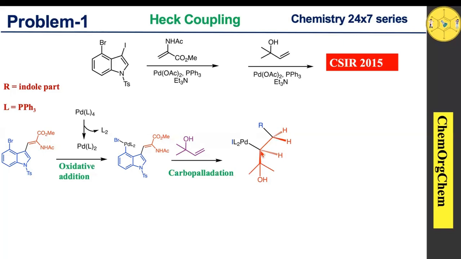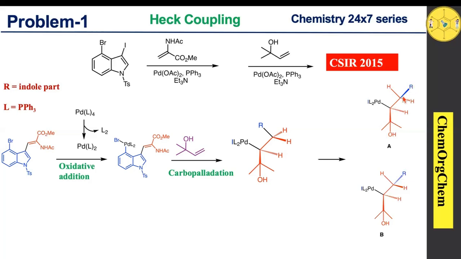The next step of the reaction is a syn beta hydride elimination. For that we need a hydrogen atom, particularly at this position. So you just rotate this carbon-carbon bond, which makes these two conformational forms. Now you compare the steric nature between these two forms. In the first one, you see this bulky group as well as the indole group are both present on the top face.